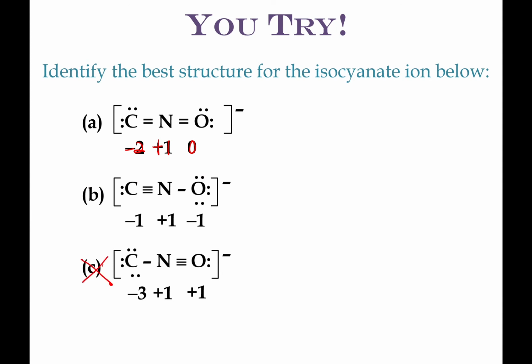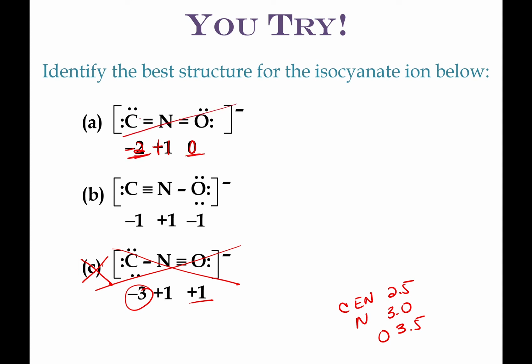But also, if you look, carbon has an electronegativity of 2.5, nitrogen of 3.0, and oxygen of 3.5. So here carbon has a -3 and oxygen has a +1, so this one is definitely not a good structure. Here carbon has -2 and oxygen has 0. Those would want to be switched if possible.